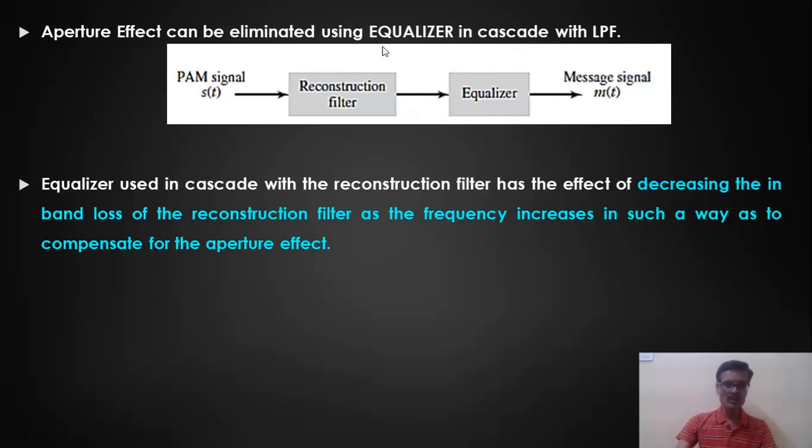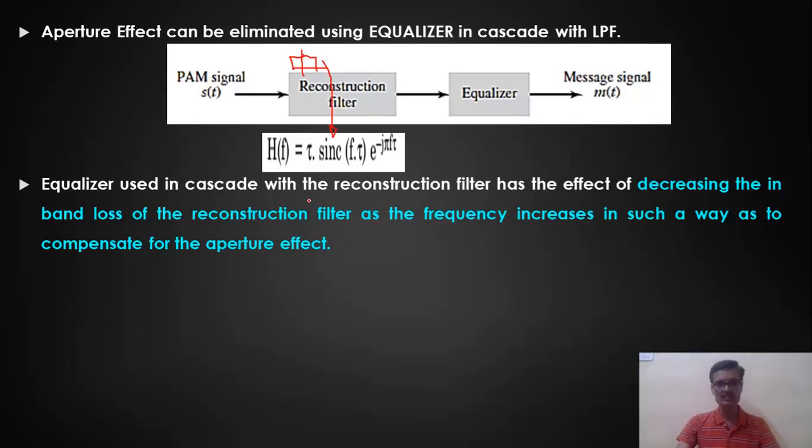Now, the response of this reconstruction filter, a low pass filter, in the frequency domain is tau sinc of f tau exponential minus j pi f tau, because the filter has a response that can be written in the form of a sinc function, something like this.